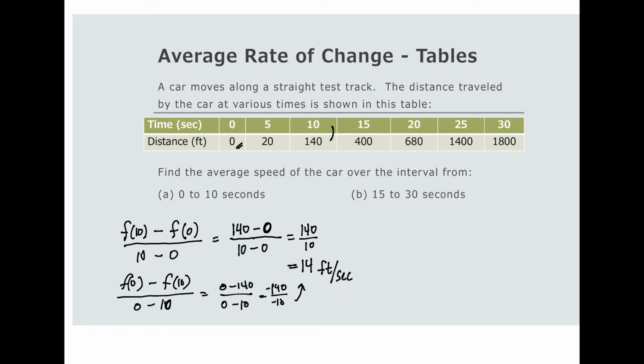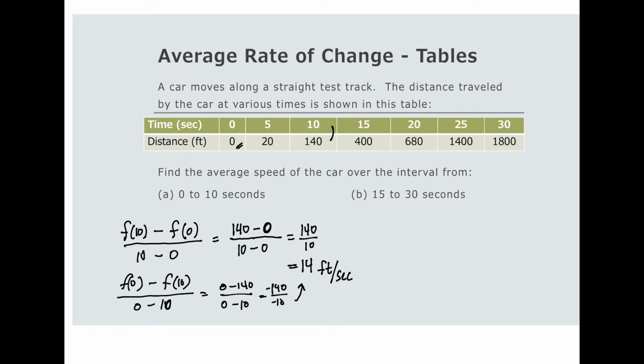Negative divided by a negative is positive. So regardless of what order I went in there, as long as I stayed consistent matching up the input of 0 with 0 first in the subtraction on the bottom, and so on and so forth there, we end up with the same answer. It doesn't matter.